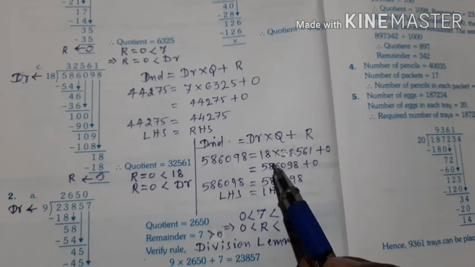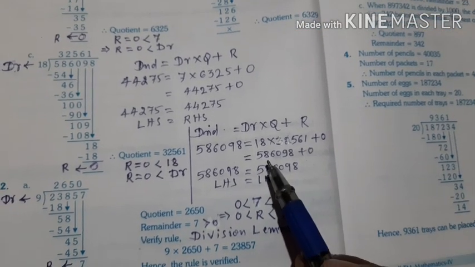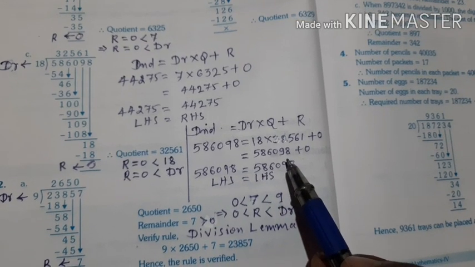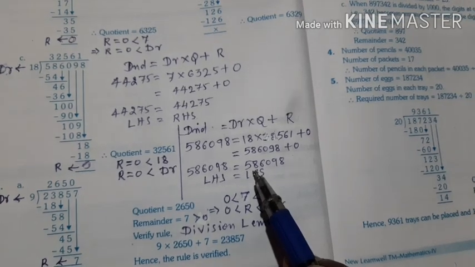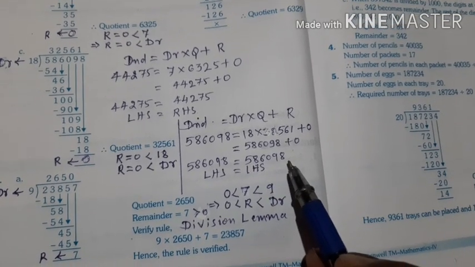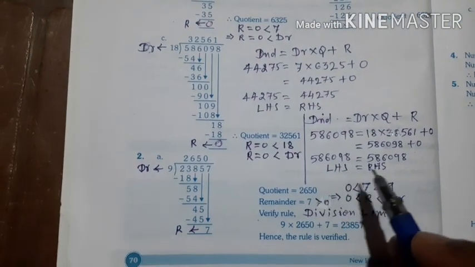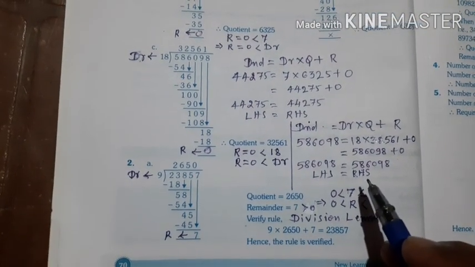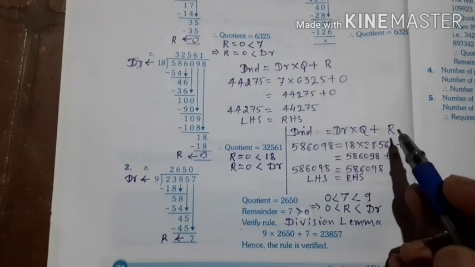The product of 18 and 32,561 is 5,86,098, plus 0 is 5,86,098. Therefore, children, here left hand side is equal to right hand side. Hence, dividend is equal to divisor into quotient plus remainder.